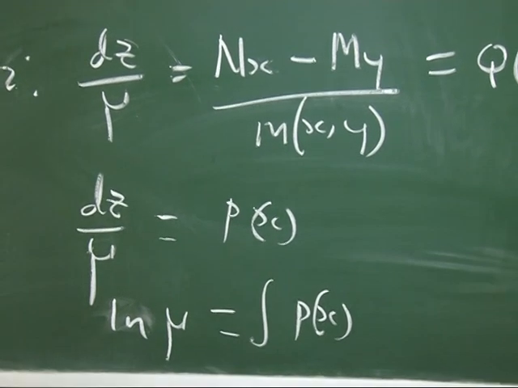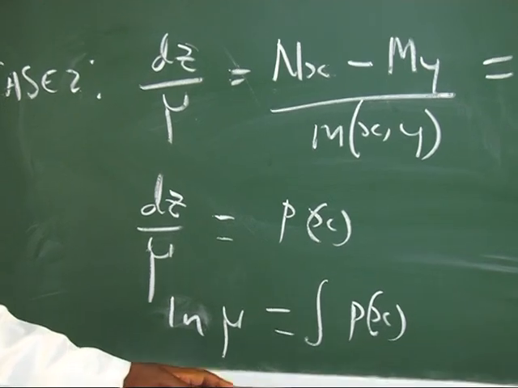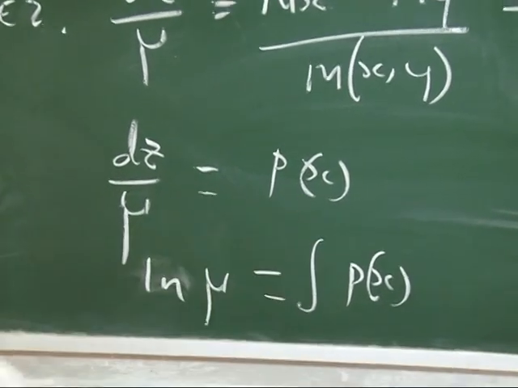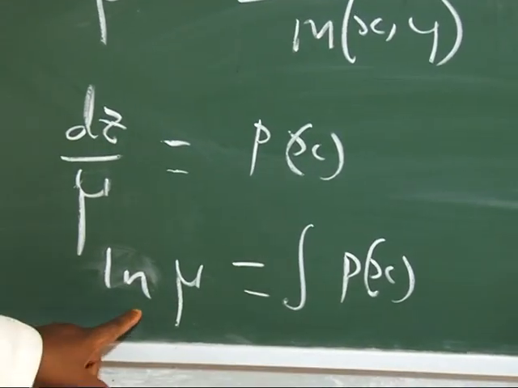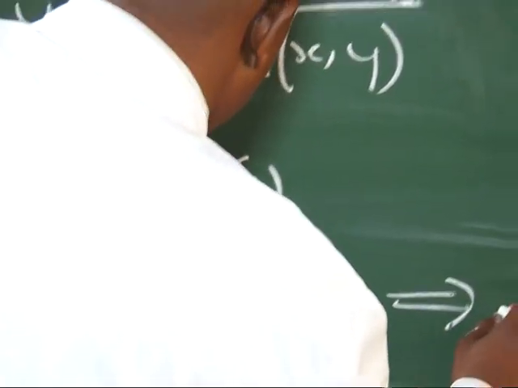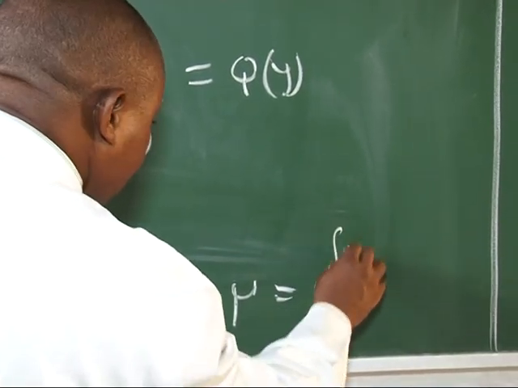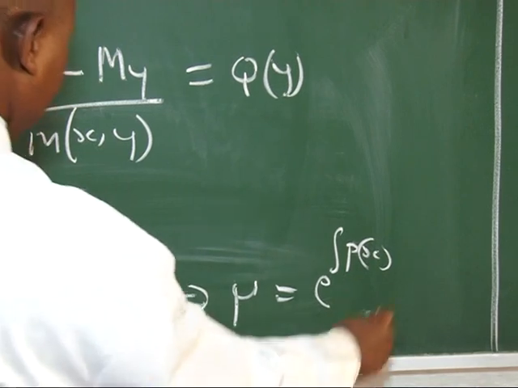So this will be the integrating factor that we can use to multiply. But taking the exponential of both sides, this will imply that μ will be equal to e raised to the integral of p of x dx.